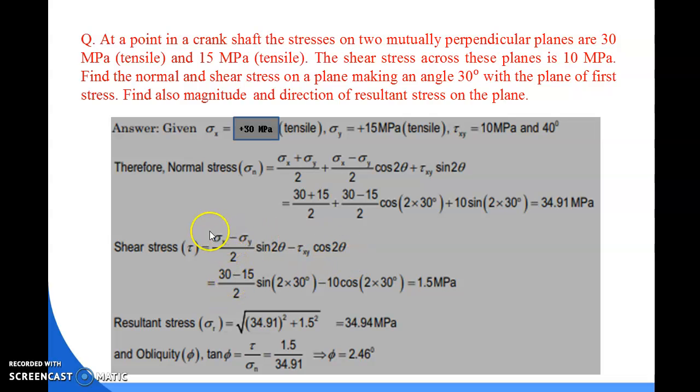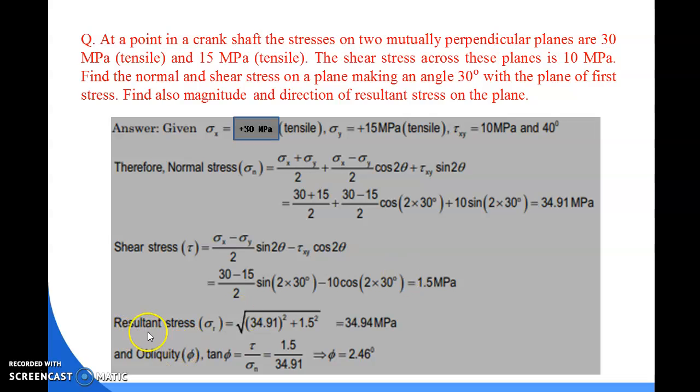Your sigma x is 30, sigma y is 15, theta is 30, and tau xy is 10. Putting the values: (30 minus 15) divided by 2 sin 2 into 30, minus 10 into cos 2 into 30. By calculating all these, we get the value 1.5 megapascal.